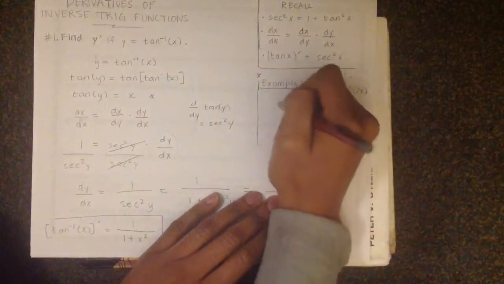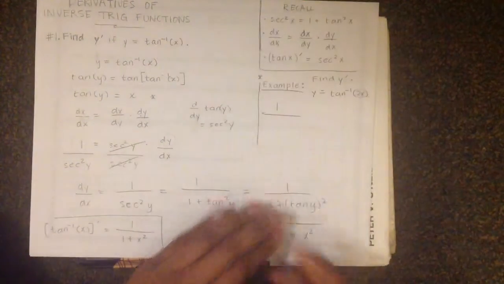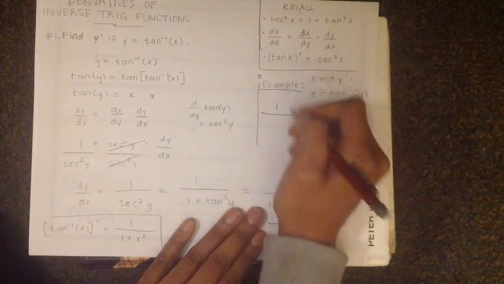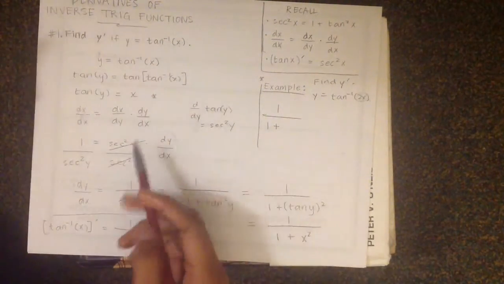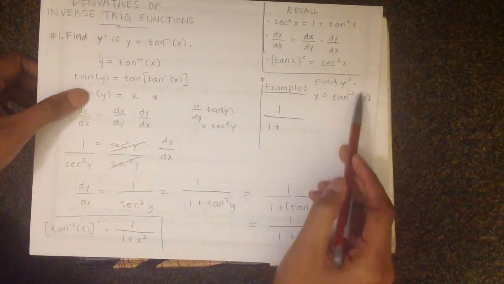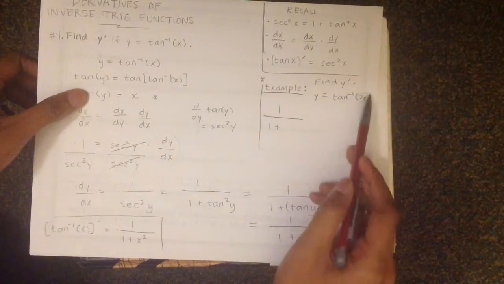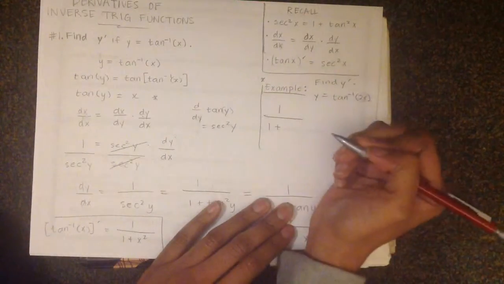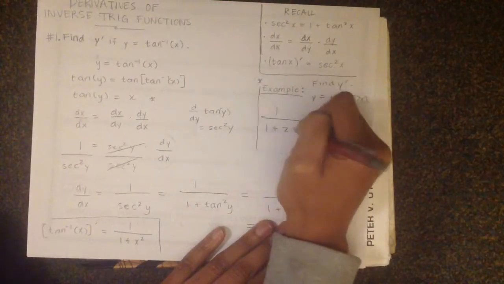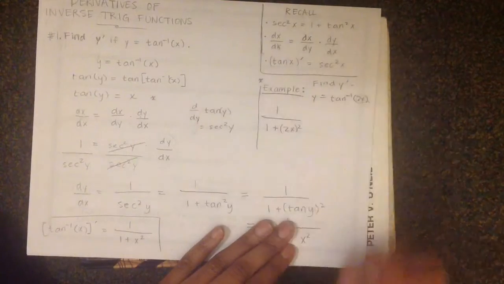So that would be 1 over 1 plus x squared. Well, in this case, we don't have an x inside of these parentheses. We have 2x. So we're going to put 2x squared.